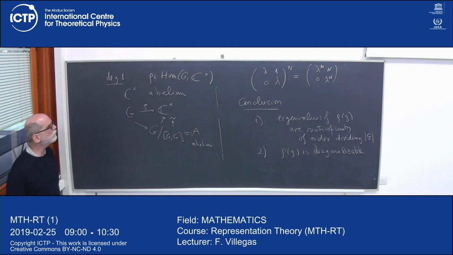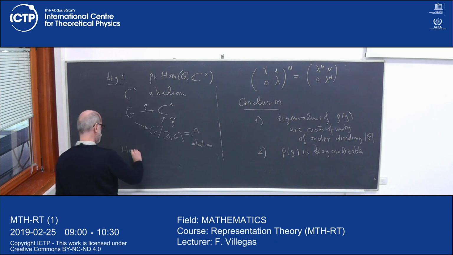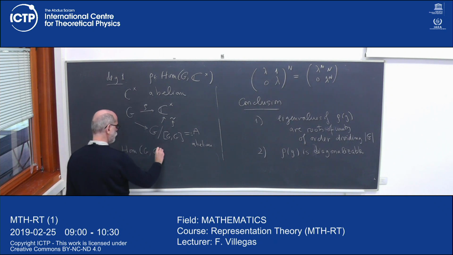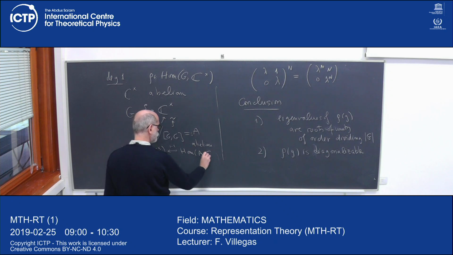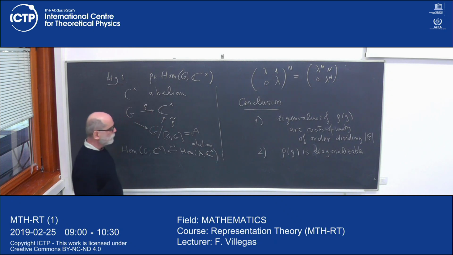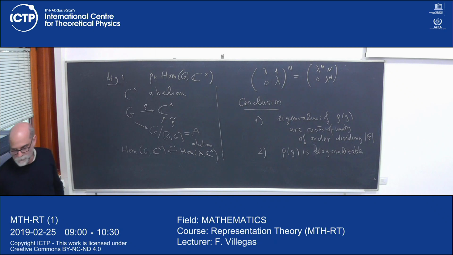So maps from G to C star is the same as maps from A to C star, and conversely. So hom of G to C star is in 1-to-1 correspondence with hom of A to C star. So describing the representations of dimension 1 is the same as describing the representations of dimension 1 for abelian groups. Yeah?